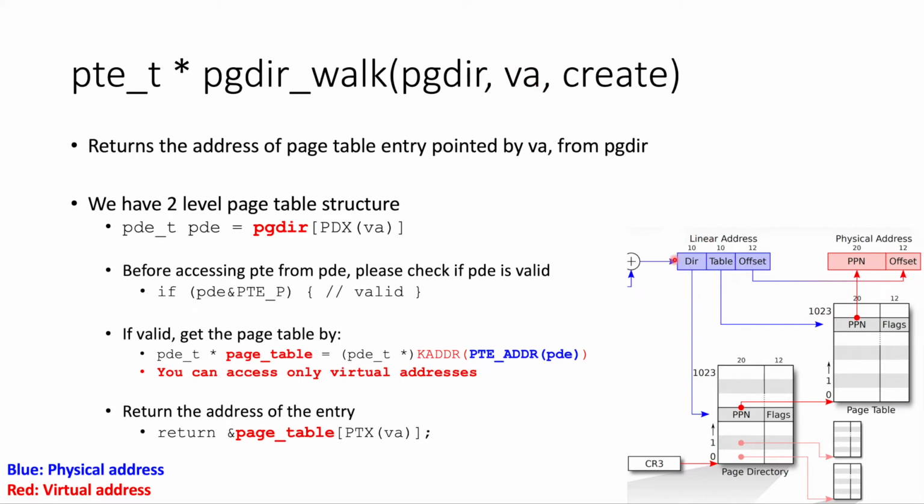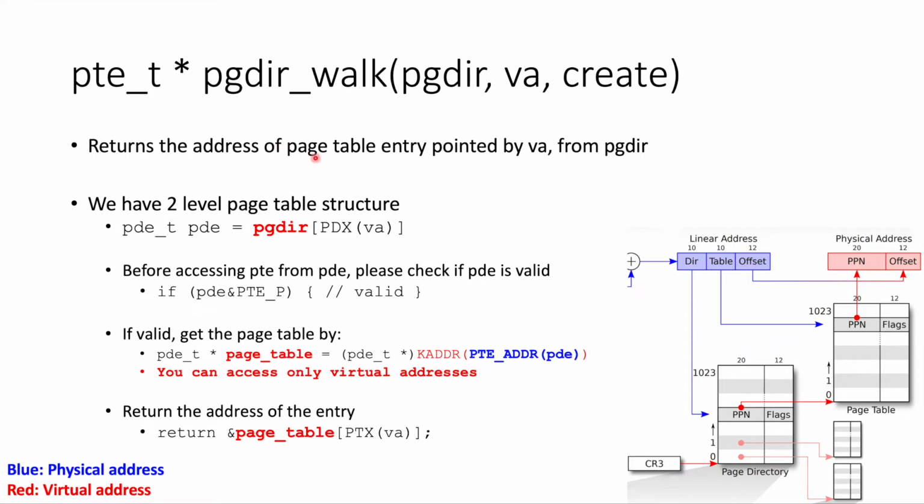Using the virtual address, we index this page directory to get the address of the page table. Then we also index this page table using the page table index in the virtual address, and get the page table entry. Then we return the address of this page table entry as the return value of this function.